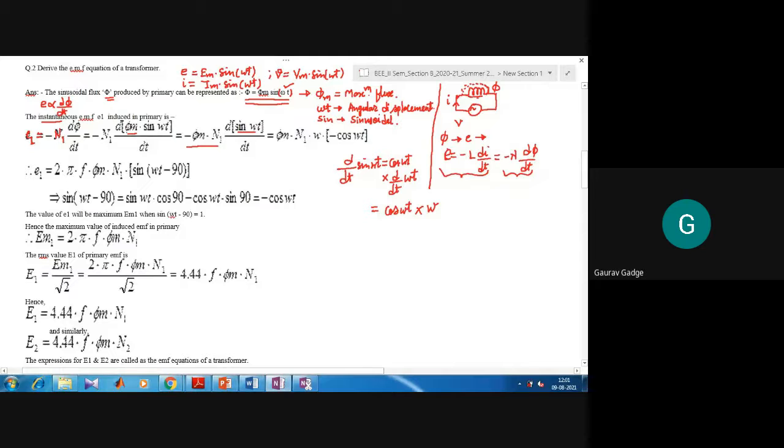Because I am just taking this negative sign from this place to here in square bracket. So therefore what I am getting is phi m into n1, that is constant out of square bracket, multiplied by omega. So what is the derivative of sin omega t? It is cos omega t into omega, and negative sign is already there in the expression. So same negative sign is written here.